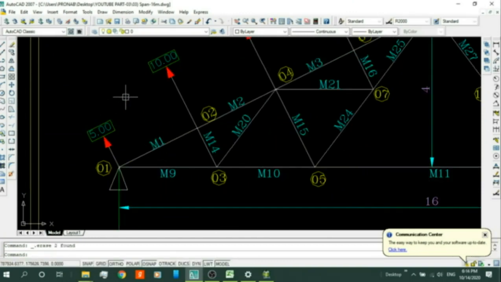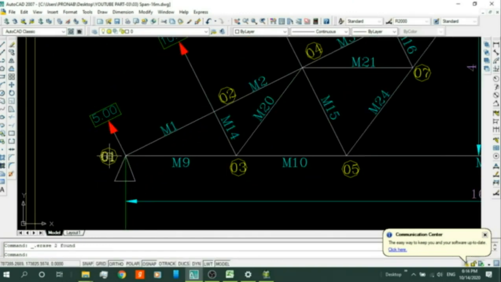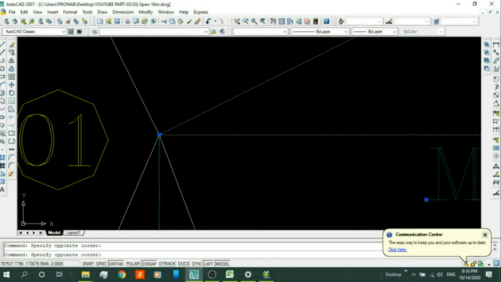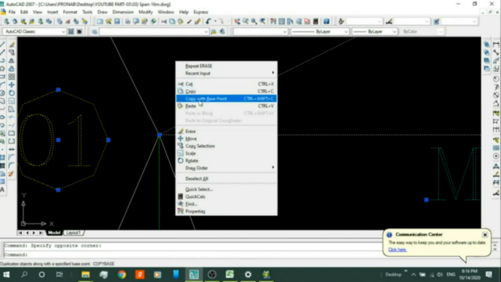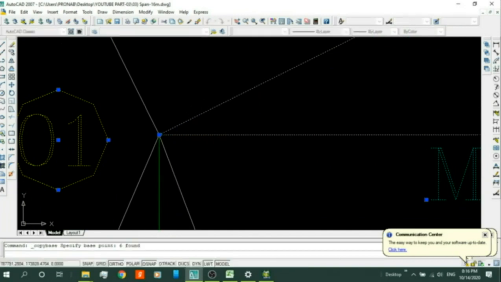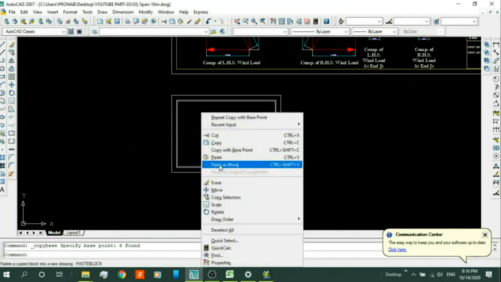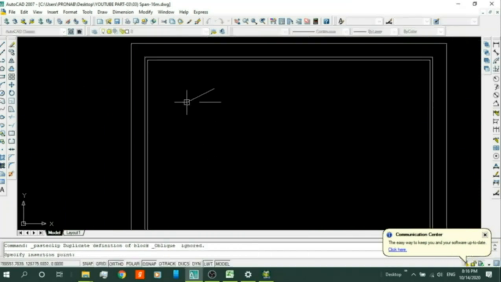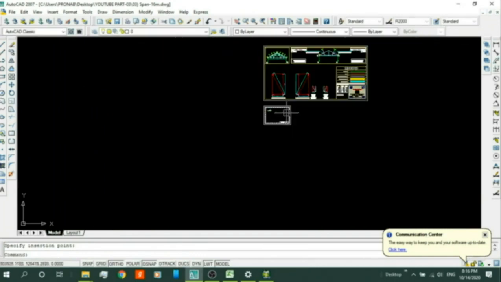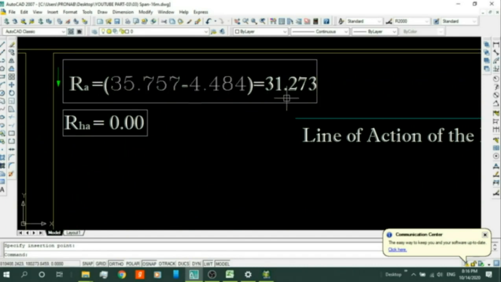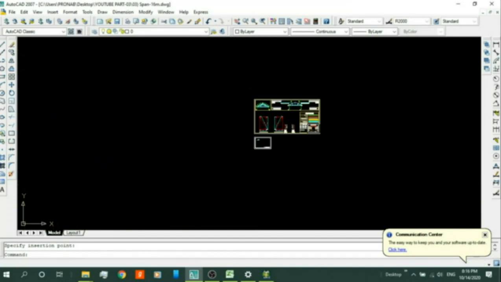Now I'm going to analyze joint 1. I'm copying the member and the joint number and pasting here. We know the net vertical reaction is 31.273 kilonewton.